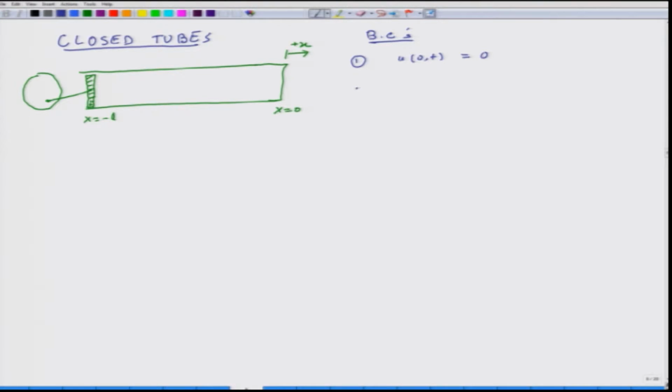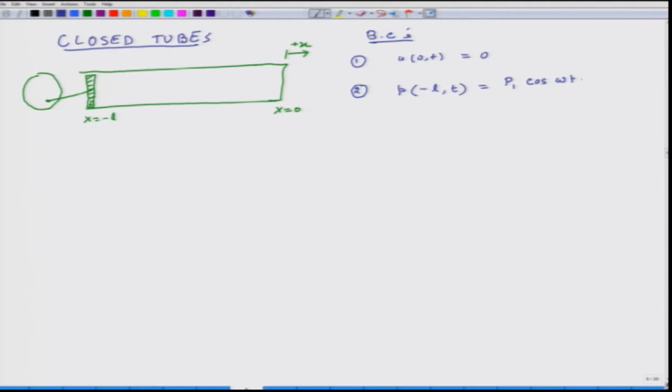The second condition is based on our measurement, or we are told this boundary condition is given, that at x equal to minus L and at time t, the value of pressure is P1 cosine of omega t plus phi, where P1 is a real number.